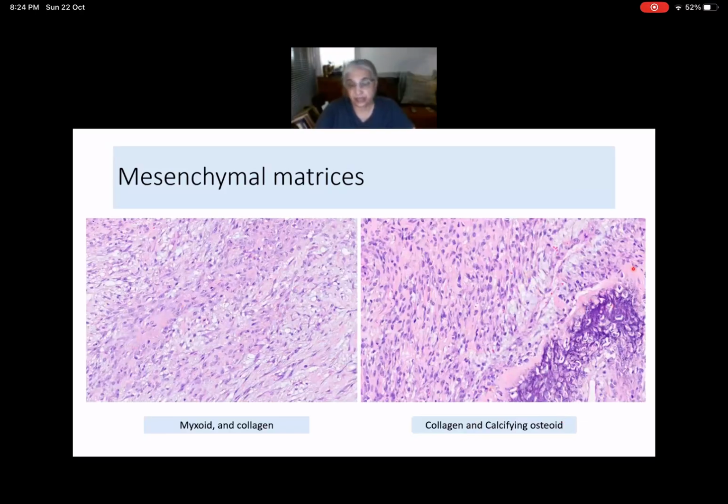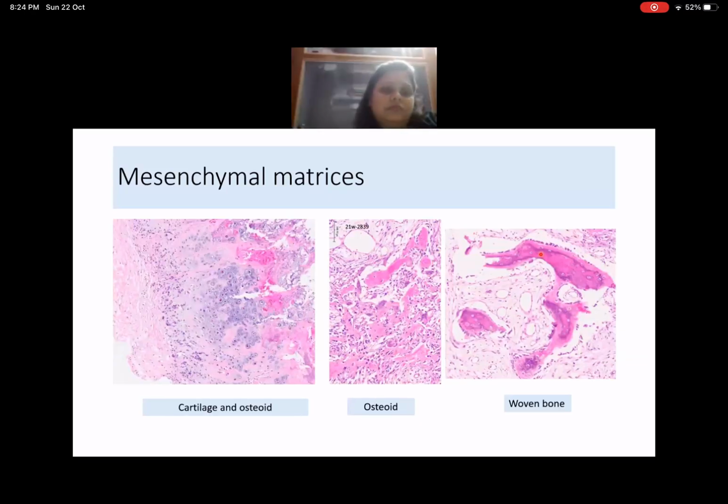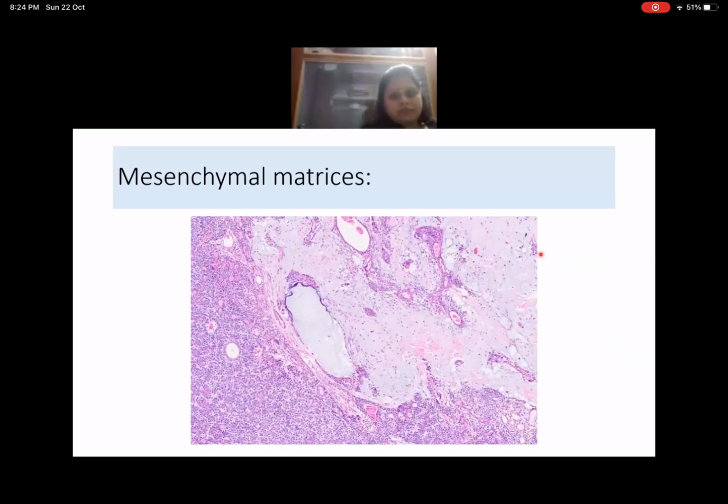So this is myxoid. Can you see that? All the blue stuff as well as collagen. This one is collagen and calcifying osteoid. Here is the osteoid. This is the calcifying collagen. Here you have cartilage and osteoid on the left-hand side. This is osteoid. This is bone.